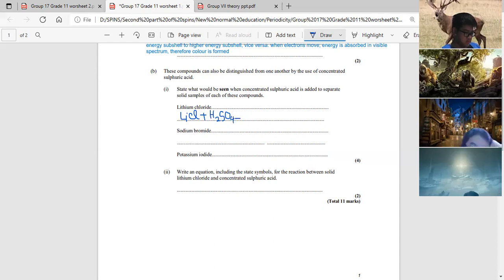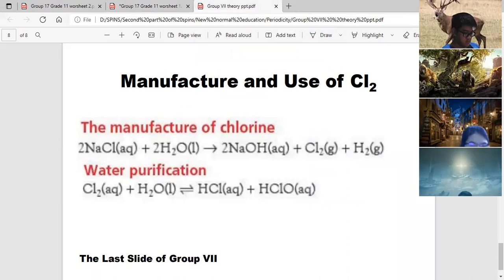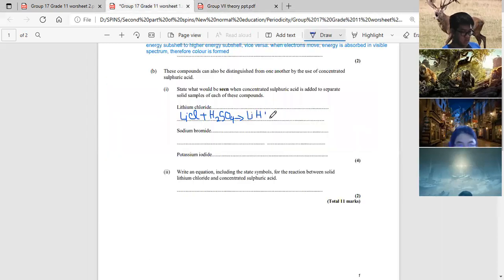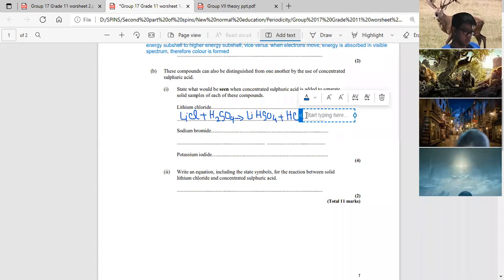What would happen? The reaction of chloride with sulfuric acid forms HCl gas: LiHSO4 plus HCl. This HCl is in the form of fumes.